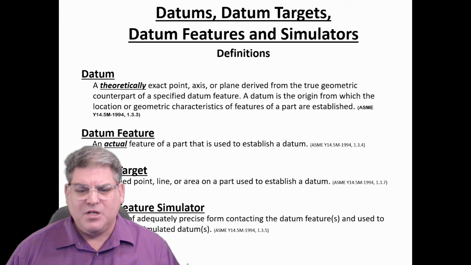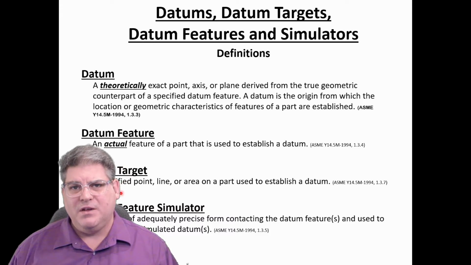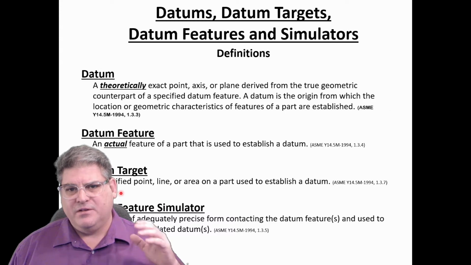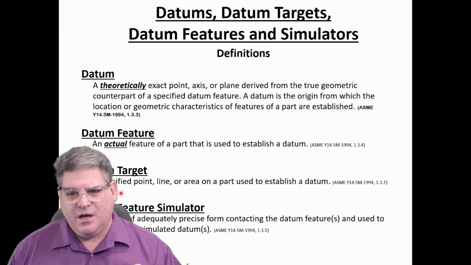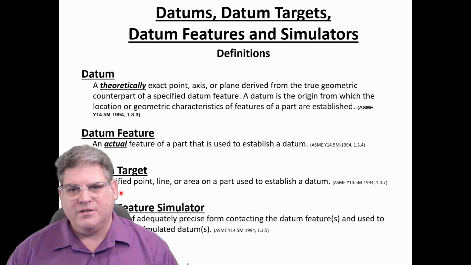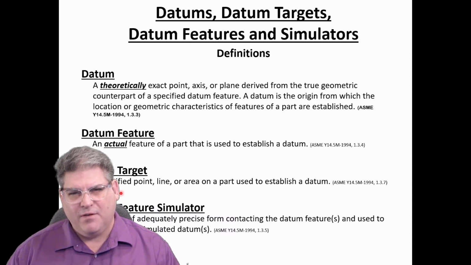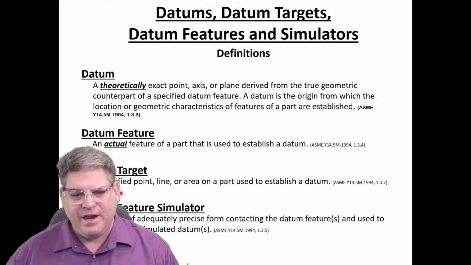Okay, datum targets. So this becomes even more specific. So my datum is a vertical plane. My datum feature is the actual face, and then the datum target is a specific point on that face. Okay, and that's a great way for us to specify a very exact point, and we're going to circle back to that here in a second when we get to a real world example.